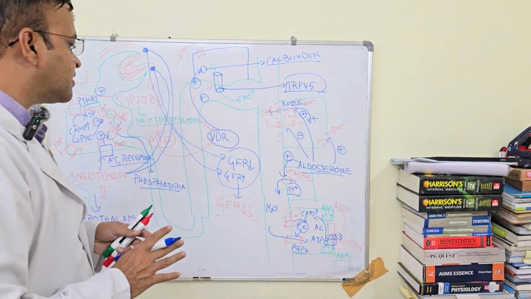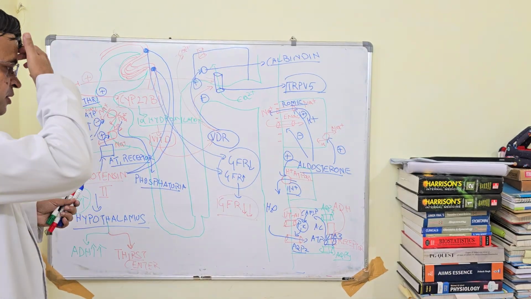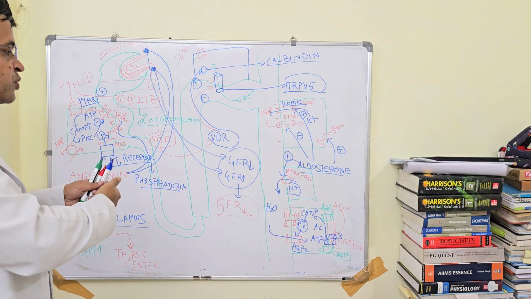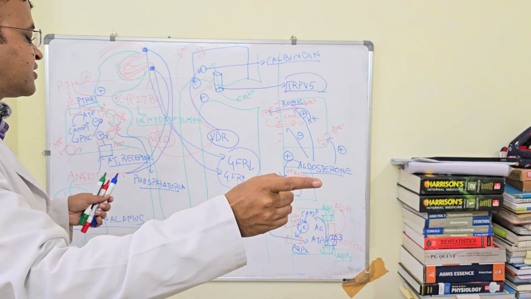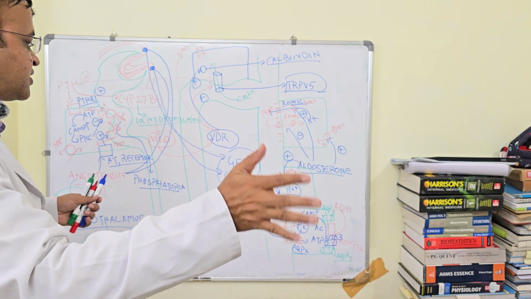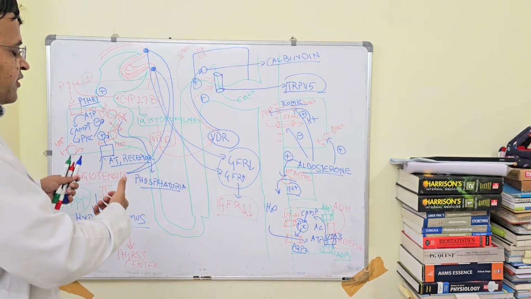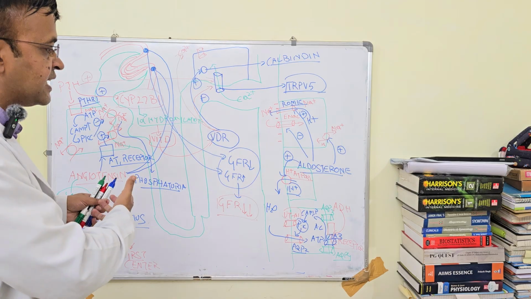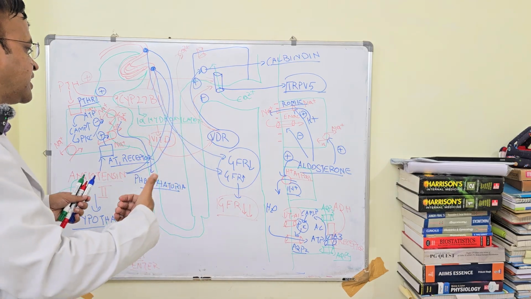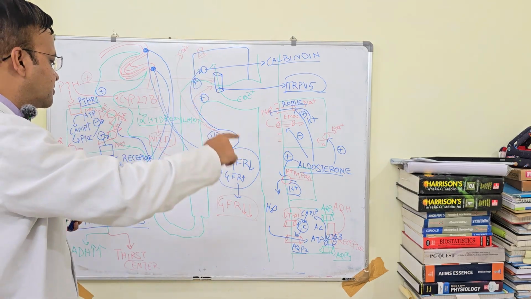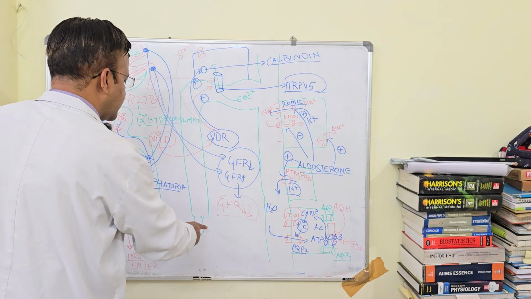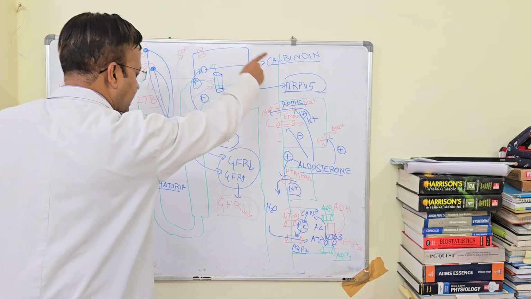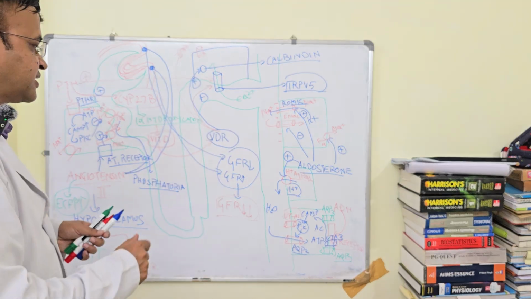So ADH is a very important hormone. It reabsorbs water through aquaporin 2 channels and transports it basolaterally through aquaporin 3 and 4. It reabsorbs urea through UT-A1 channels and transports it basolaterally through UT-A3, and the whole urea cycle is going to repeat, going through the thin ascending limb and coming back to the collecting duct.